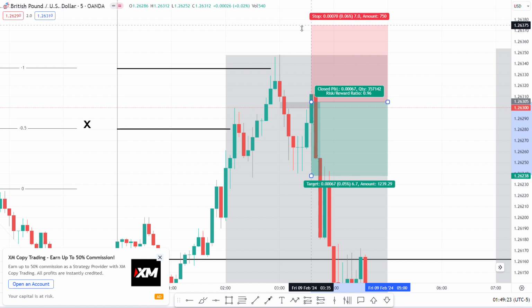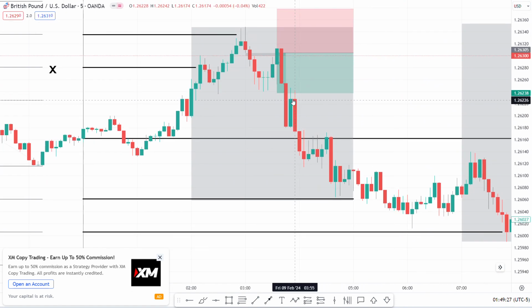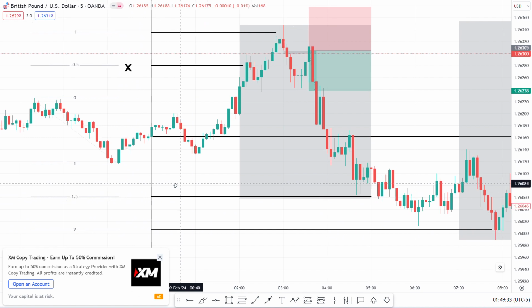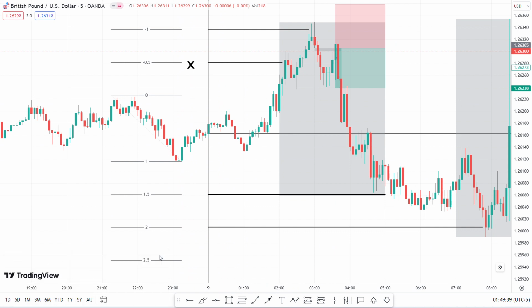Stop 3 points above. Target below day open and one of these levels, so 1.5 or 2, whichever one hits during the time.